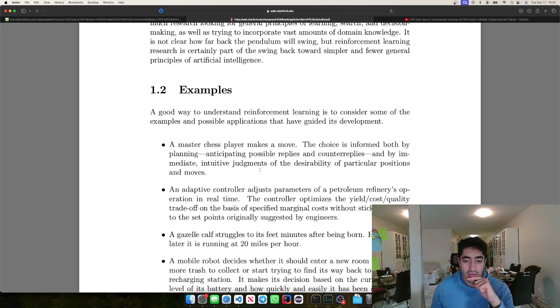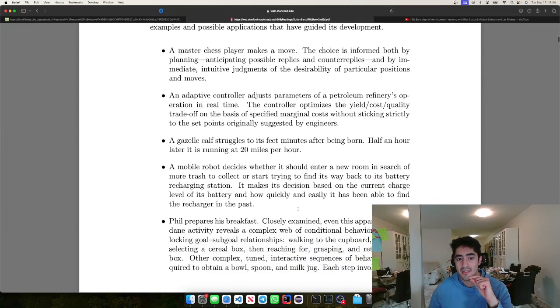An adaptive controller adjusts parameters of a petroleum refinery's operation in real time. The controller optimizes the yield, cost, quality trade-off on the basis of specified marginal costs without sticking strictly to the set points originally suggested by engineers.